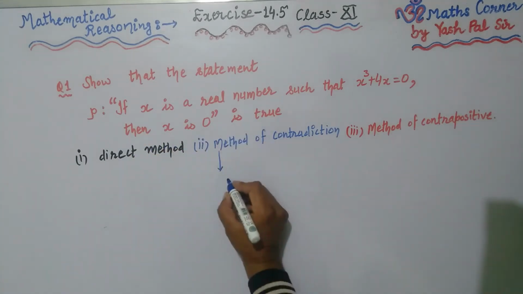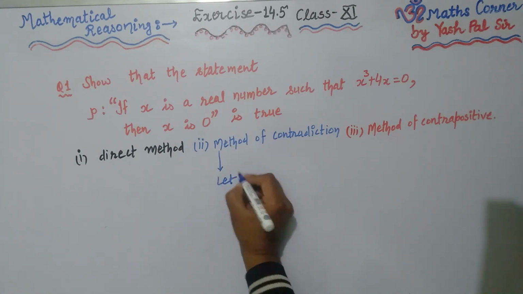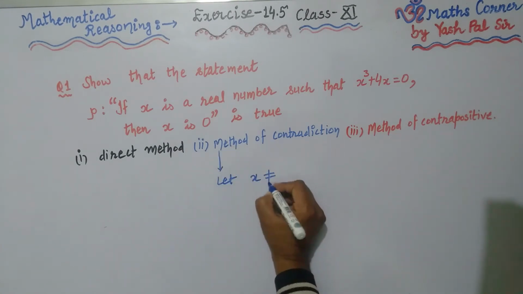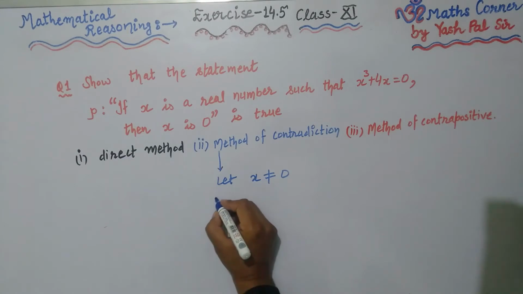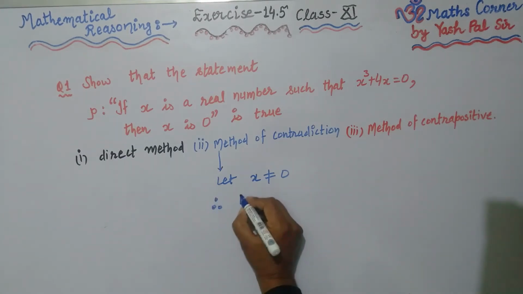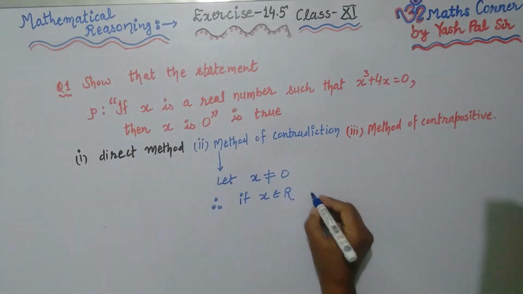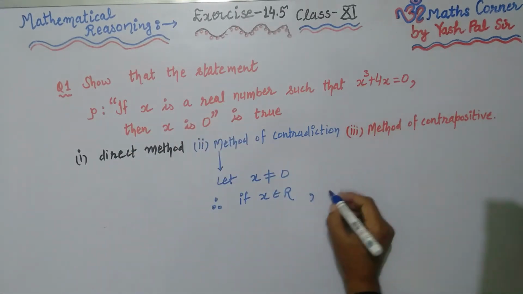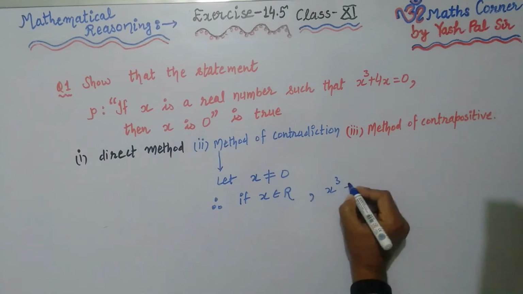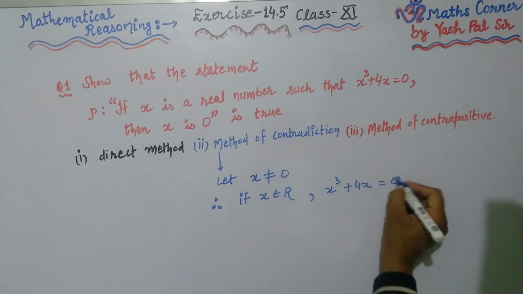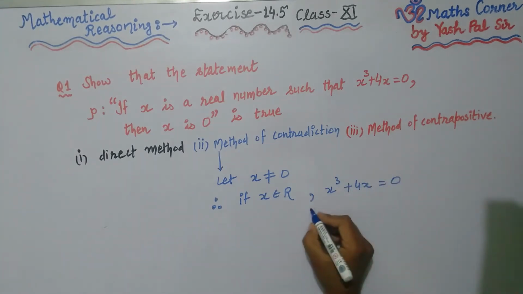We take contradiction. Let x is not equal to 0. So if x belongs to real numbers, as this is given, and x raised to power 3 plus 4x is equal to 0, so what happens?